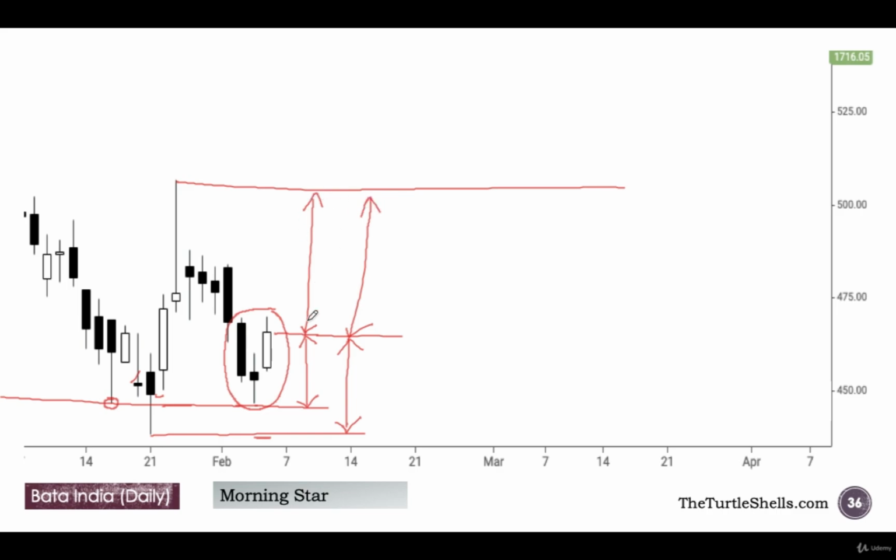So this scenario has more reward to risk than this scenario. As an aggressive trader, I would keep my stop loss under this low. As a conservative trader, I would accept a low reward to risk, but I will keep my stop loss down. Okay?